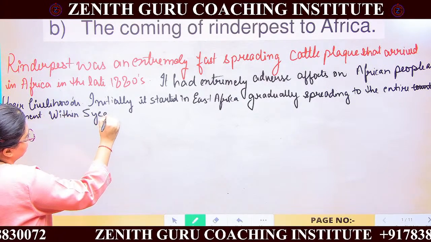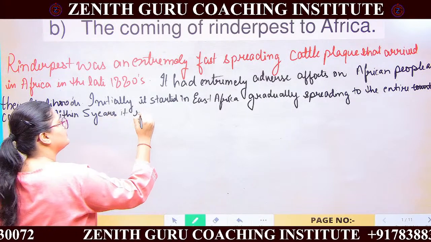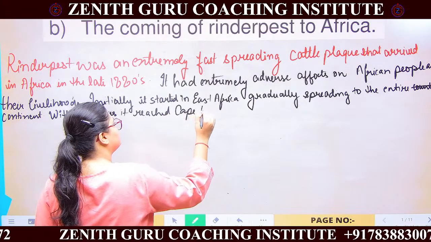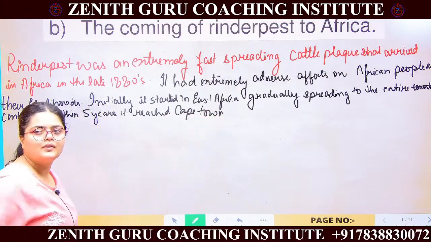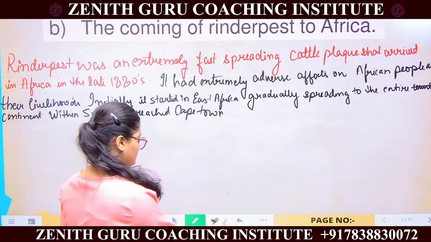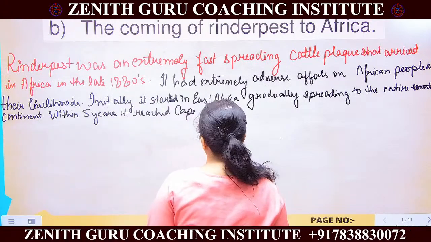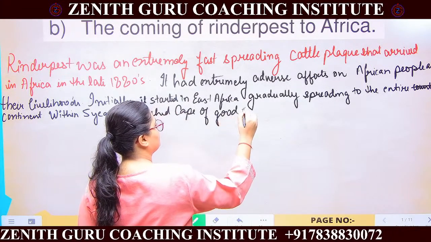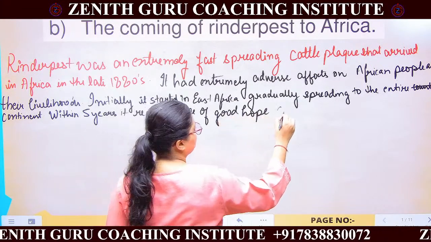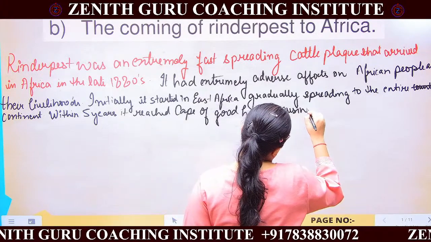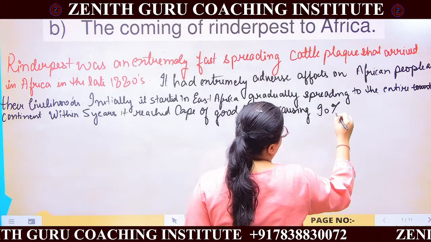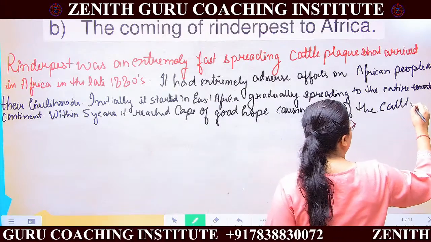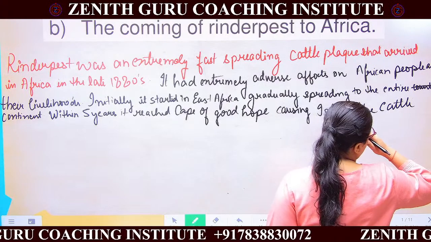Within 5 years, it reached Cape Town. Sorry, similar names. Within 5 years, it reached Cape of Good Hope. Causing 90% of the cattle population of Africa to decline.